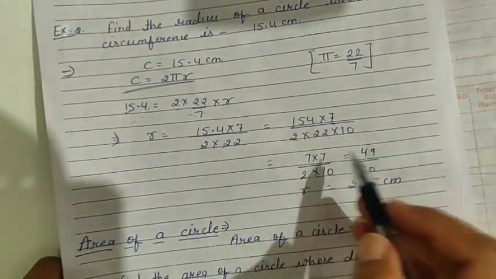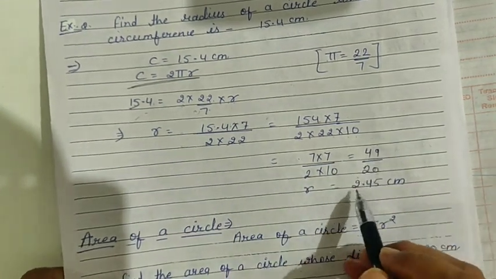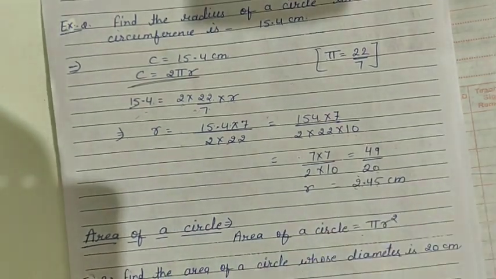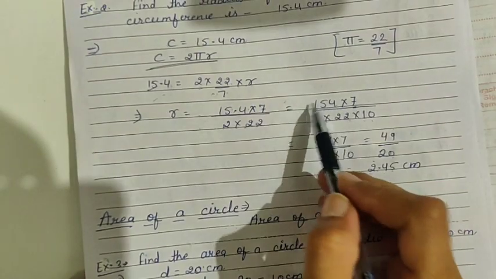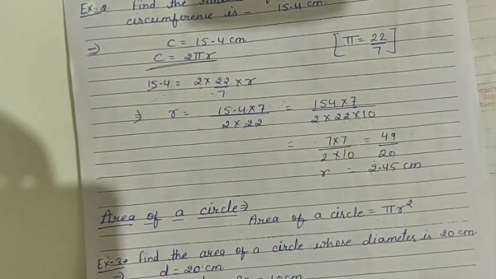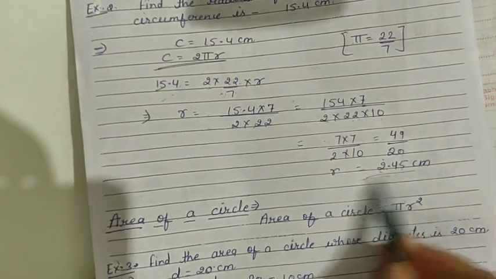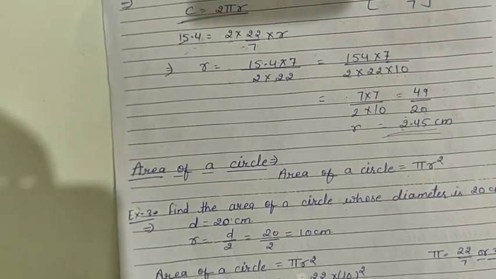When we solve this, we get r is equal to 49 upon 20, that is equal to 2.45 centimeter. Okay students, because 154 is divided by 22 seven times, we get radius is equal to 2.45 centimeter.